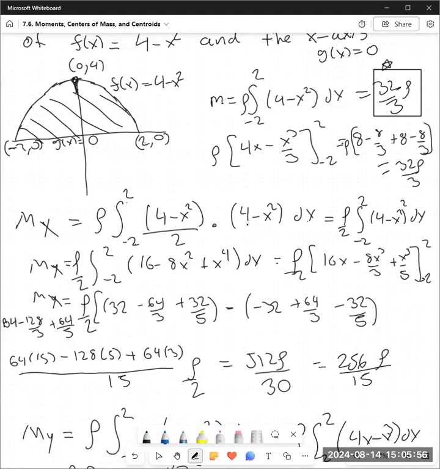That's going to make this 16x minus 8x cubed over 3 plus x to the 5th over 5, evaluated from -2 to 2, with the multiplier of rho over 2 out front. This is going to be 32 minus 64 thirds plus 32 fifths, and I get all that again.